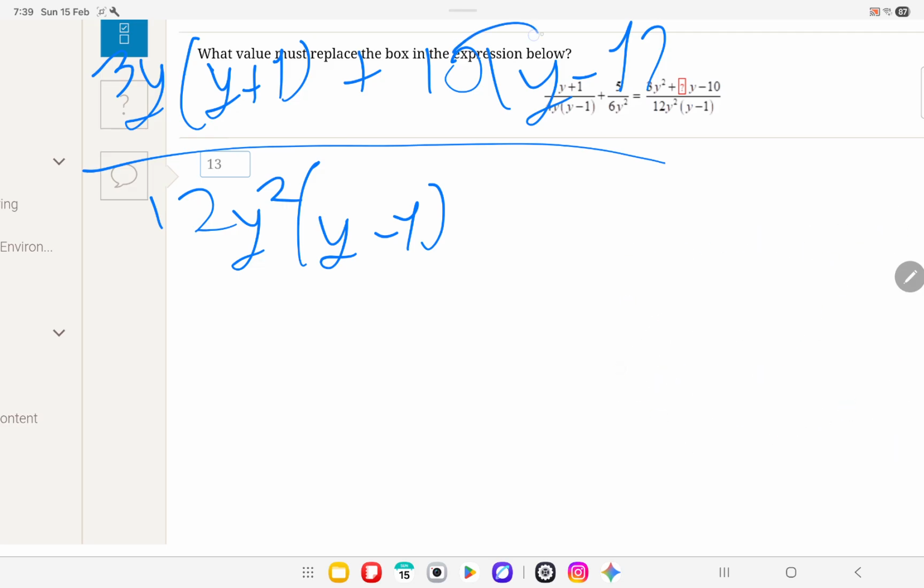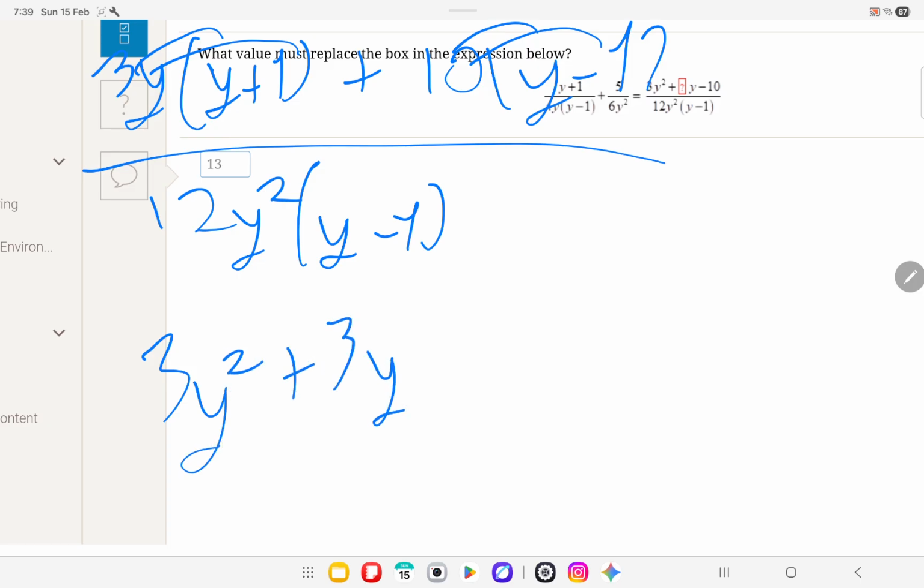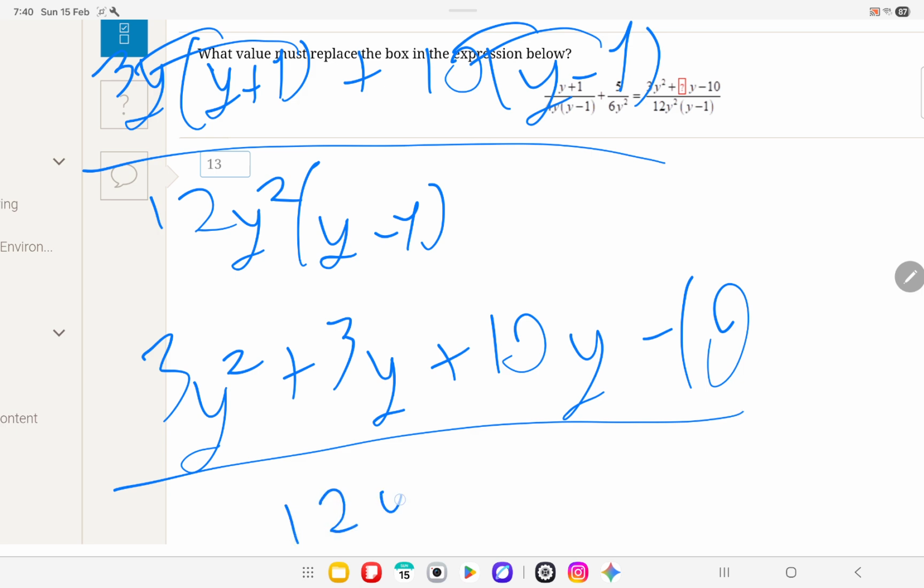So here you have to distribute. 3y times y is 3y squared, plus 1 times 3y is 3y. Then we do plus 10 times y is 10y, and then 10 times negative 1 is negative 10. And then all of this over 12y squared times y minus 1. So let's simplify. 3y squared, can we add it to anything?